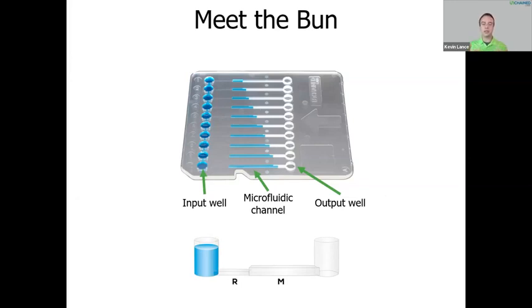So the key to getting viscosity read on a bun is shown at the bottom, where each of these microfluidic channels is actually composed of 2 different sections: a smaller channel called the resistance channel, and a larger channel called the measurement channel. Now, the next slide dives into how those each play a key role in getting you viscosity data as fast as you can handle it.